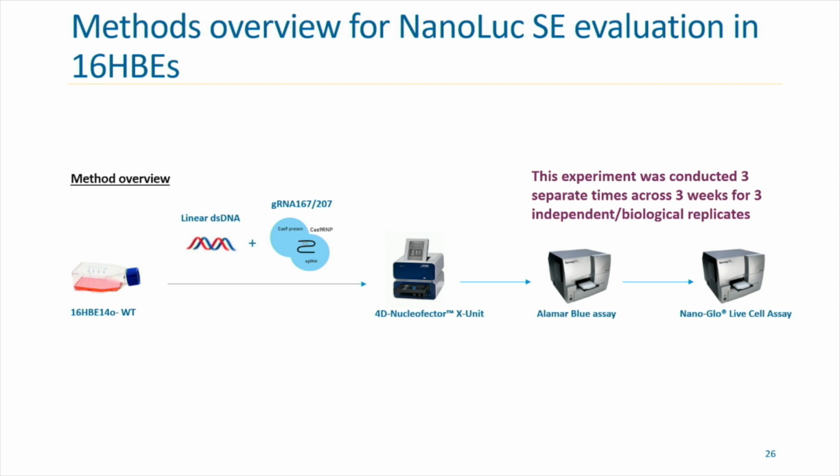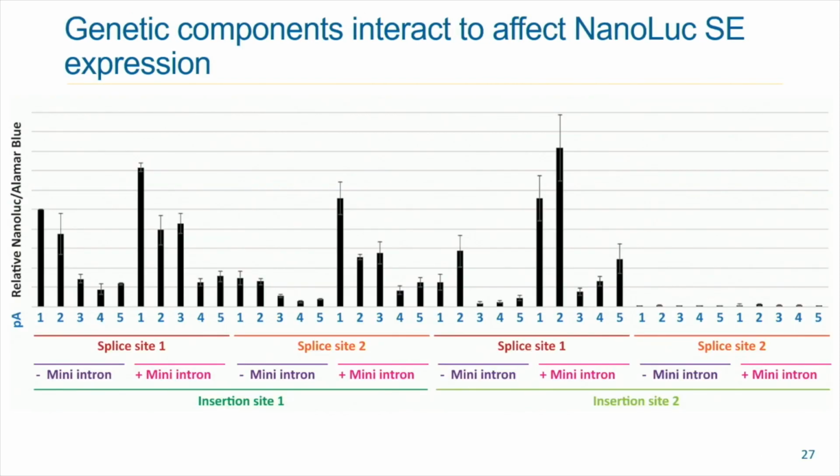And importantly, the data I'm going to show you on the next slide represents data from an experiment that was conducted 3 separate times across 3 weeks for 3 completely independent and biological replicates. And this is what the data looks like. I think upon first glance, you'll appreciate that there are many major differences between the expression of these constructs.